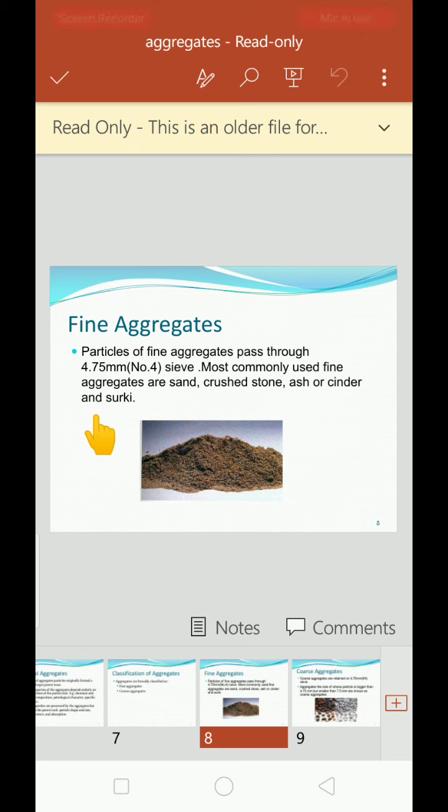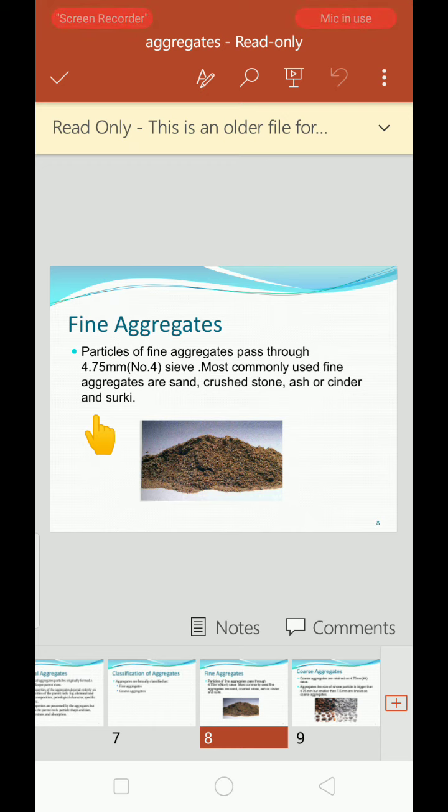These are the sets of sieve sizes available to do the sieve analysis for fine and coarse aggregate. If we are testing fine aggregates, then we have to consider the sieve sizes from 4.75 mm downward, those below 4.75 mm, while doing the sieve analysis.